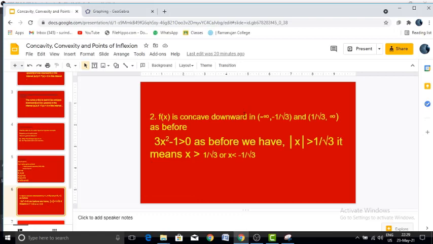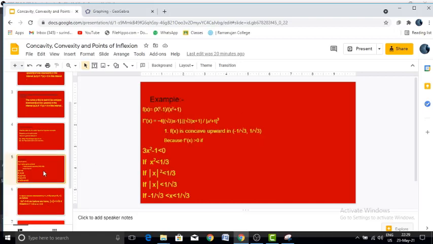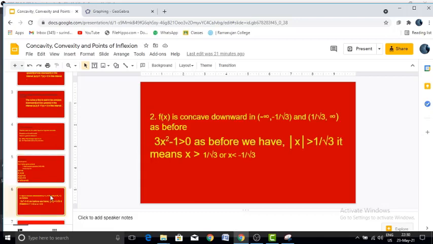For concave downward, as before, we will have to find the values of x for which this expression is greater than 0.